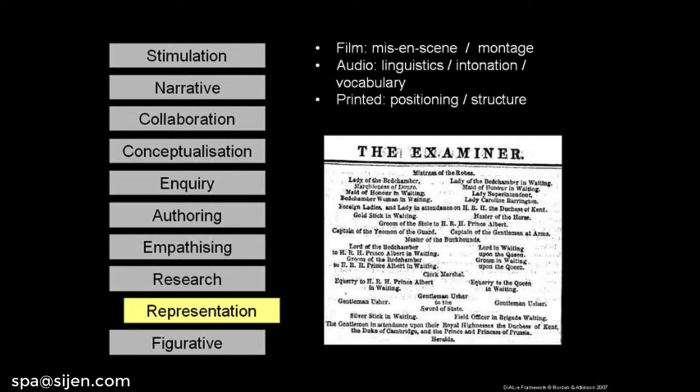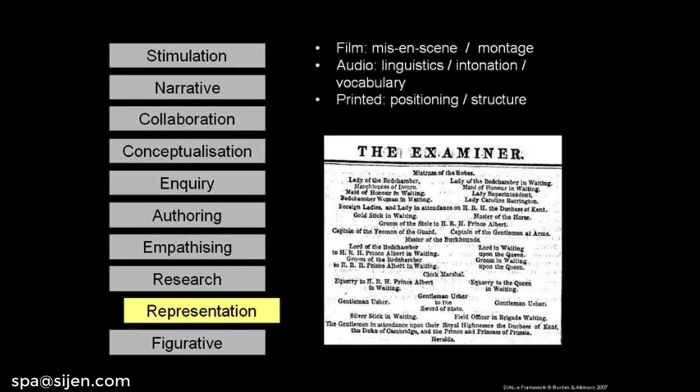Something as simple as an order of procession, for instance, might be compared from a newspaper archive in the 19th century to a modern order of procession, perhaps at a university graduation, to look at the way in which this is represented both on paper, the way in which titles are referred to, and so on, in order to see how tradition has persisted, to perhaps question the way in which honors are represented within a system, or status and hierarchies are presented.